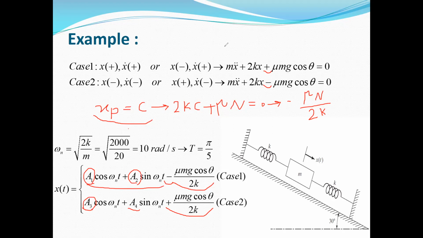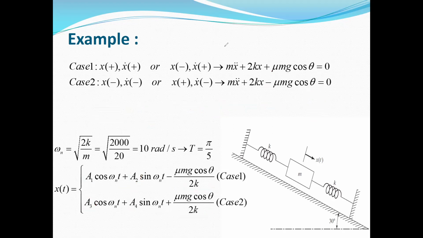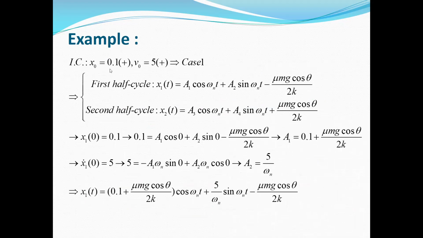So we need to solve these two equations for the first initial condition. Using the first initial condition, because the displacement is positive and the velocity is positive as well, we need to use case 1. For case 1, we have this solution x1t, with a1 and a2, so we need to obtain a1 and a2 from the initial condition.